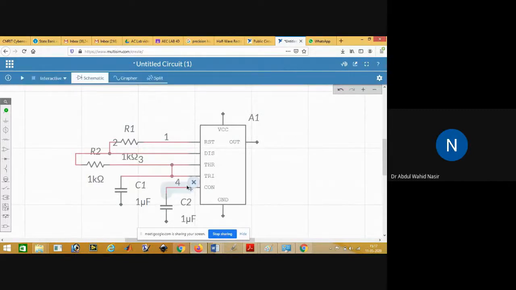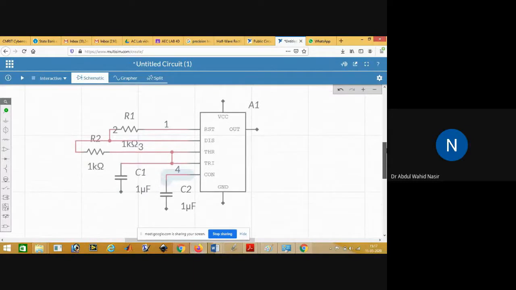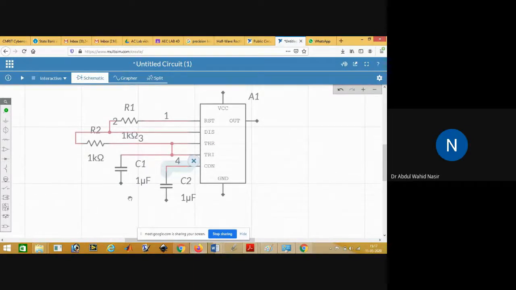Now both the ends of this capacitor will be connected to ground. So where is the ground? Ground you can get from here.